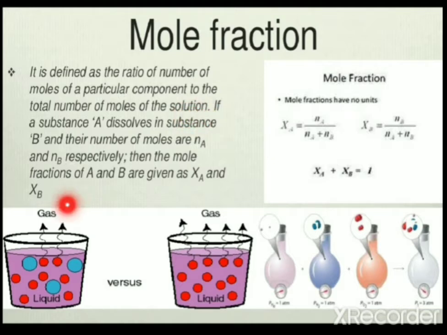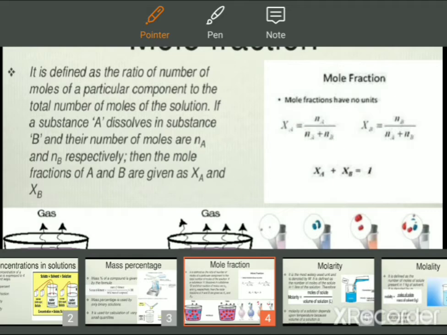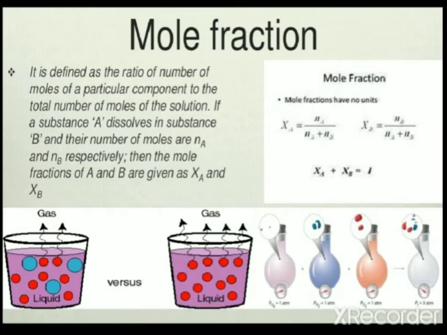If a substance A dissolves in substance B, with the number of moles Na and Nb, then the mole fraction of A is Xa equal to Na divided by Na plus Nb. Then Xb is equal to Nb divided by Na plus Nb, the number of moles of B divided by the total number of moles of A and B. Xa plus Xb is equal to 1.